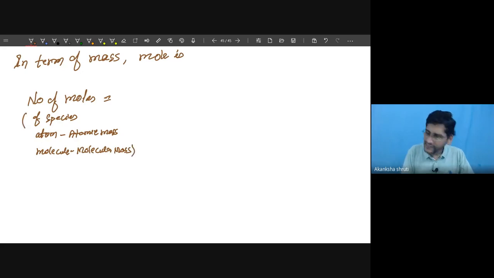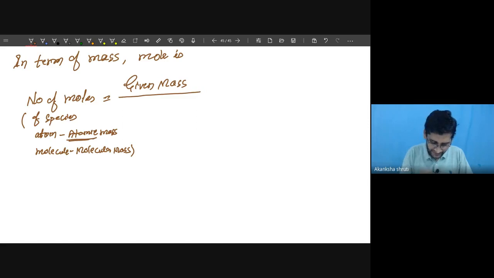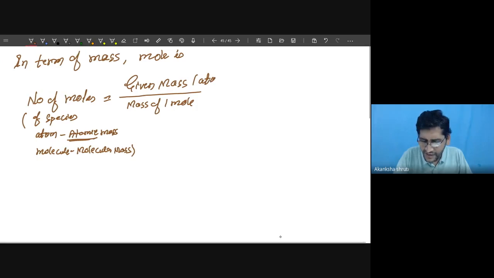So number of moles in terms of mass, how is it calculated? So you have to take the given mass of atoms, if you are given the atomic mass, divided by the mass of 1 mole.